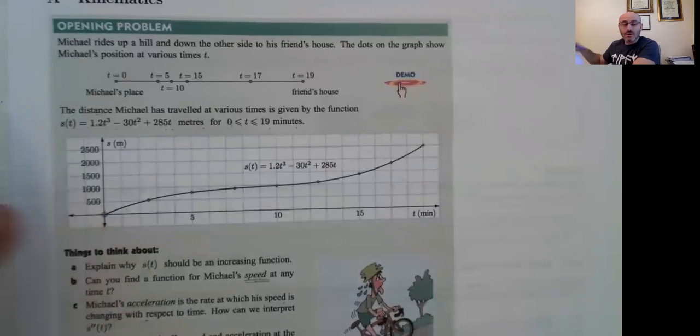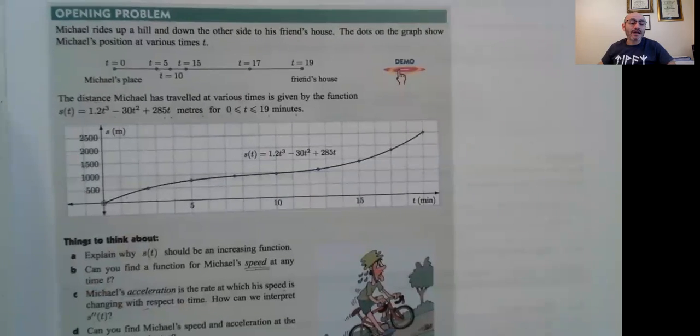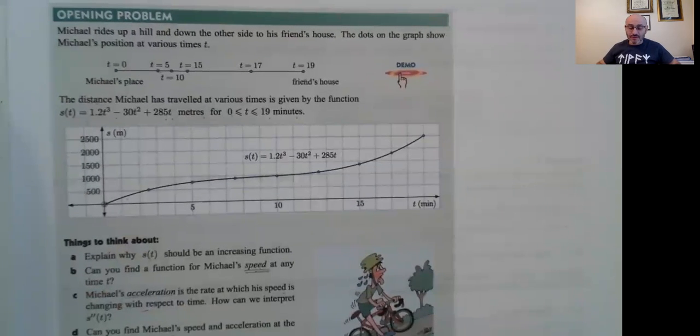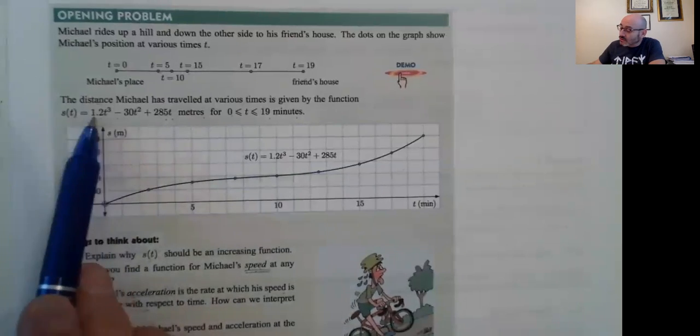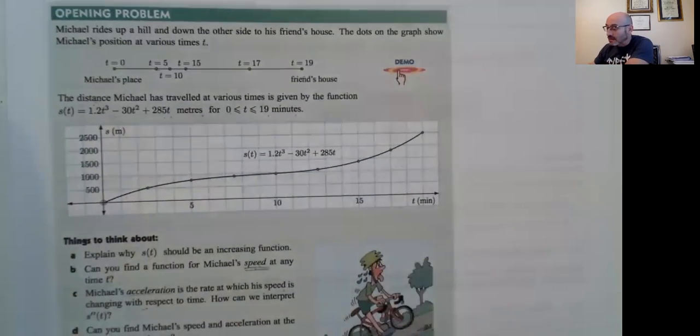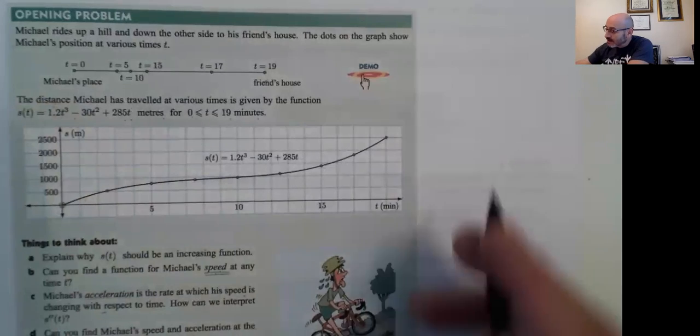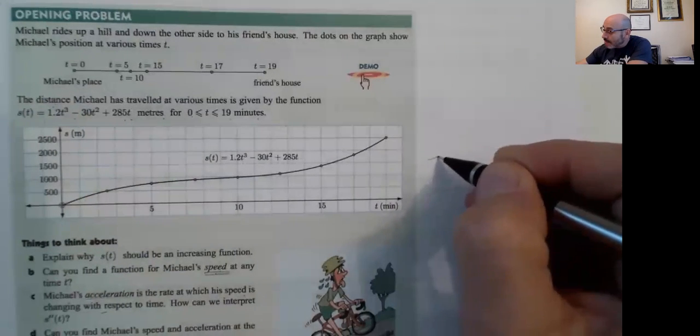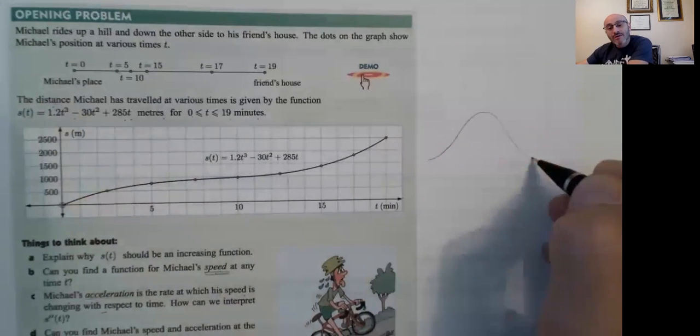All right. So this is what it says. Can we explain why S of t should be an increasing function? Well, S of t, according to this, is distance, right? So Michael is going up and down a hill.